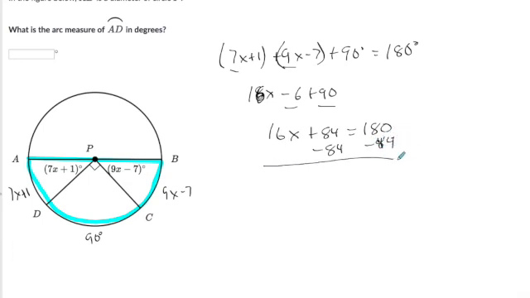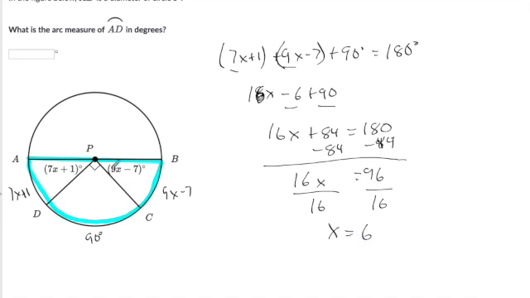If I'm going too fast, you can always slow me down. Anyway, this is 16x, and this is 96. Divide by 16. So x equals what? 6. Yeah, that's right. So x equals 6.